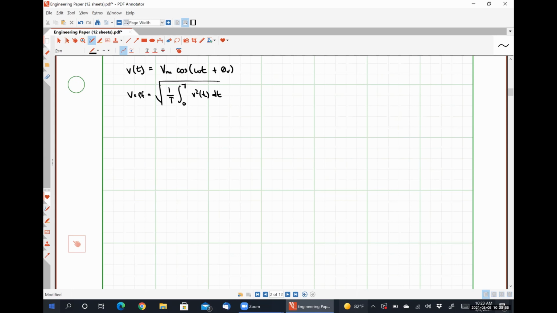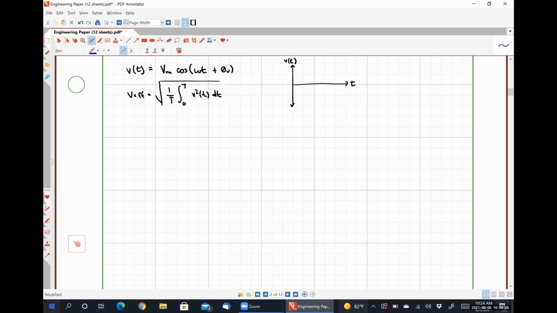It may require a little bit of a review, mainly to figure out what the relationship for the period is, right? So if we have a sinusoidal signal, we're dealing with the cosine function here, and just for the sake of argument, I am going to graphically set our phase angle to 0.